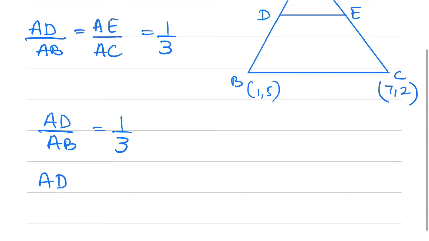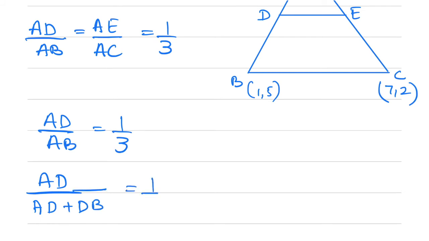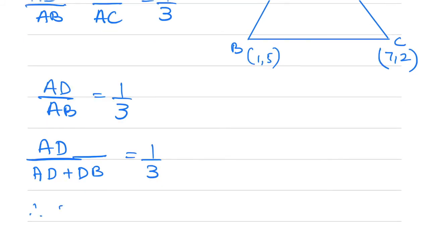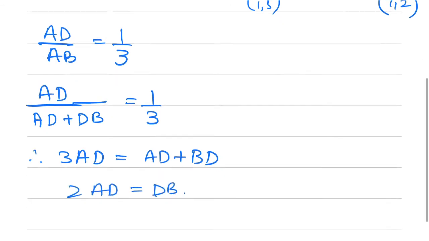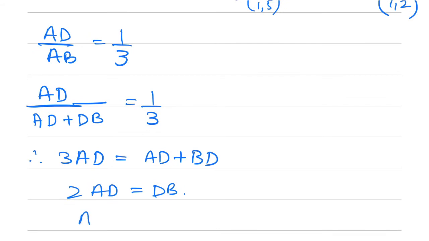I can write AB as AD plus DB, so AD by (AD plus DB) is equal to 1 by 3. Therefore, thrice AD is equal to AD plus DB. So twice AD is equal to DB. Therefore, AD is to DB is equal to 1:2.